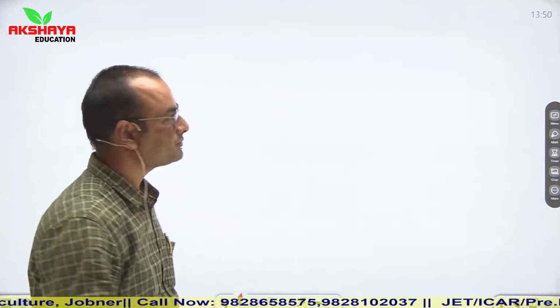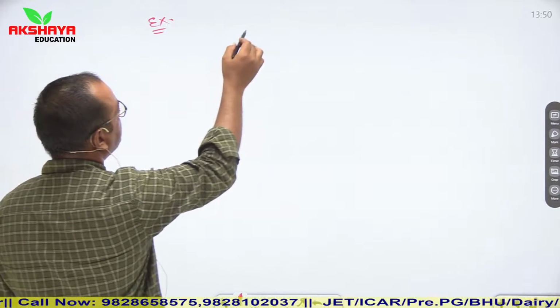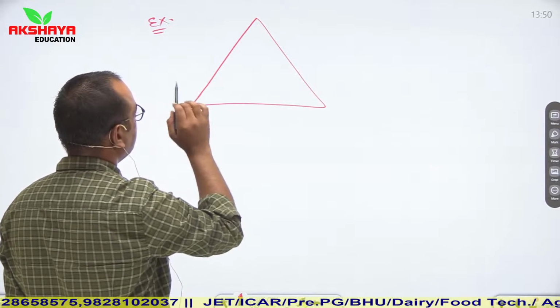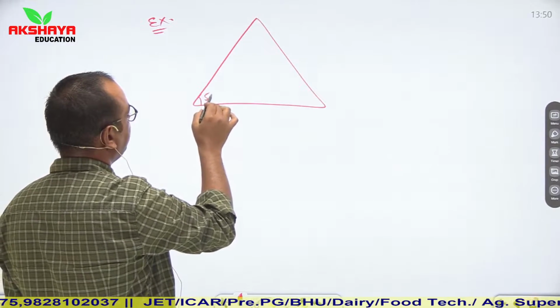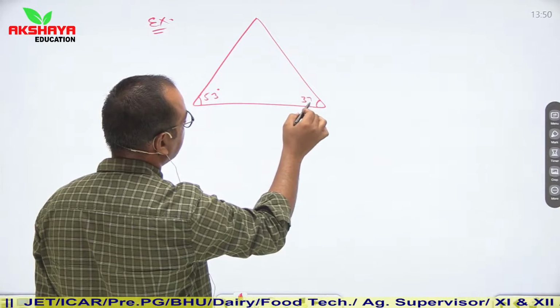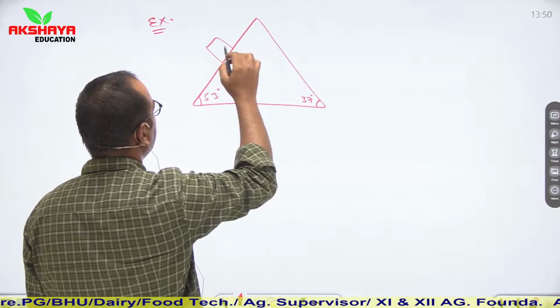अब देखिए इसी पे एक क्वेश्चन अपन सोल्व करते हैं विद द वैल्यूज. लेट अस से this is angle 53 degree, this is angle 37 degree. Two blocks are placed.